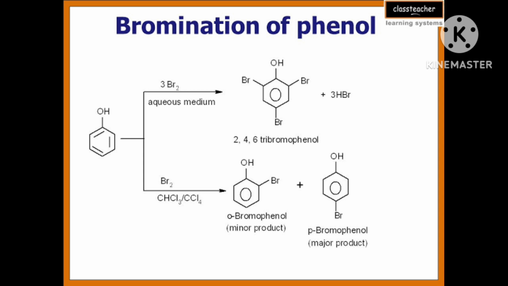But this ortho nitrophenol will not make such bonds with water molecules, because it is making a bond only with the NO2 present on the benzene ring.